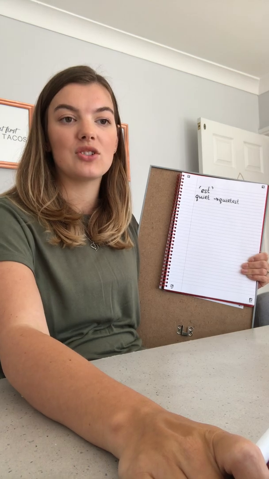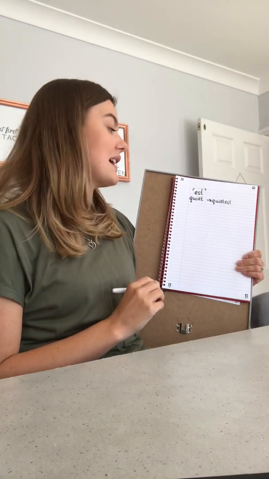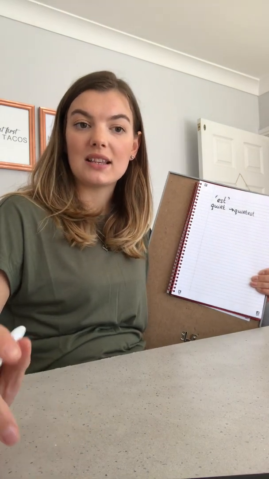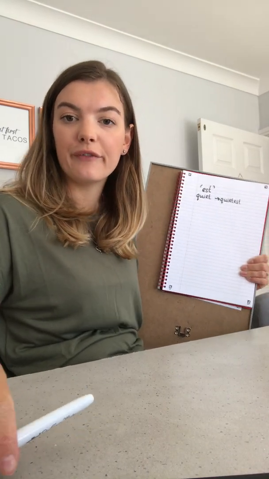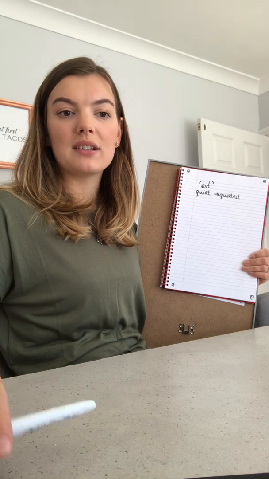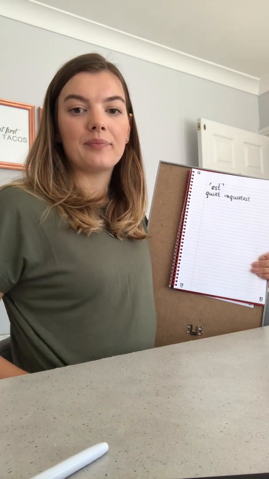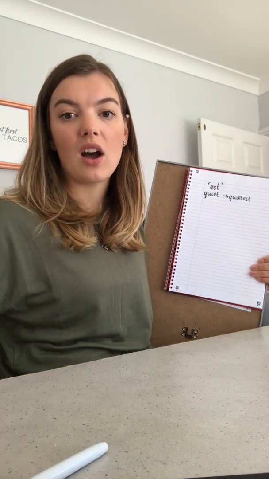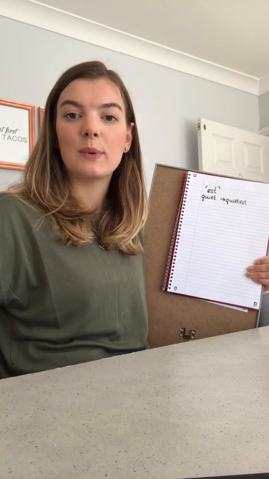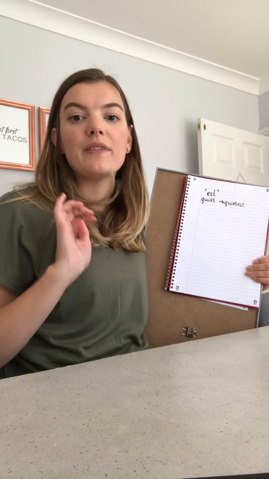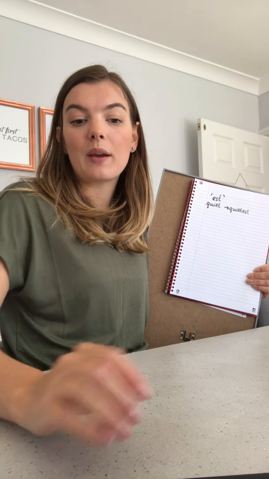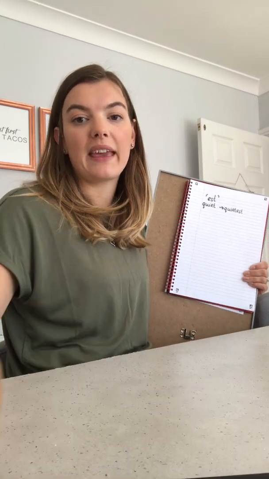Okay, so you're adding the suffix est onto the end. Another example would be the orange is the juiciest of fruits. Or we could say Birmingham was the hottest city last weekend. You're using the suffix est to compare different things.